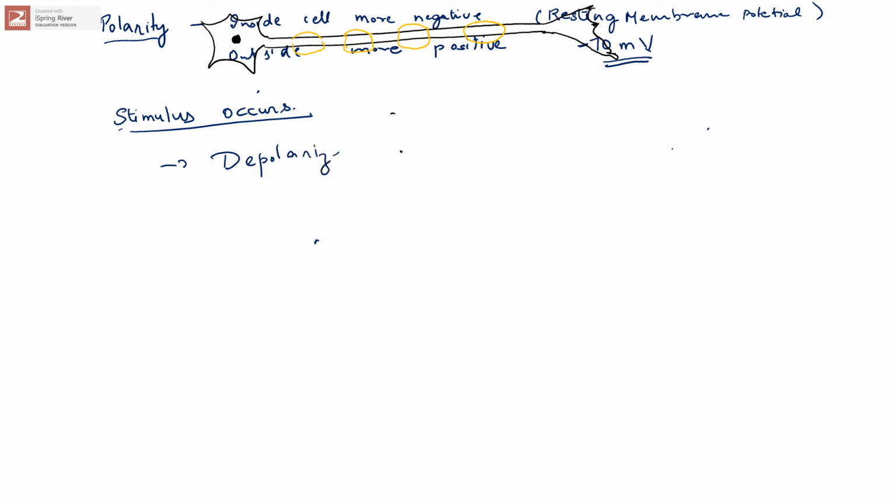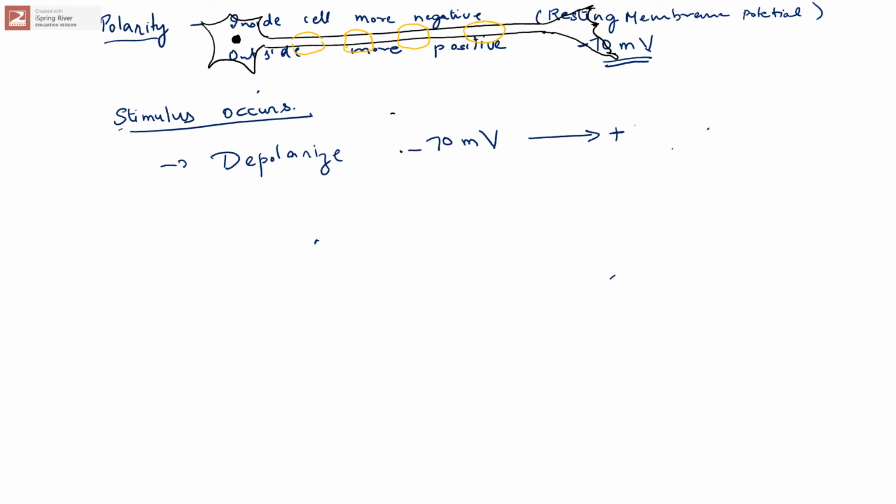depolarize. So if polarity or polarization means a cell being charged, depolarization occurs when the inside of the cell becomes more positive, meaning due to the diffusion of ions, the charge on the inside of the cell starts to move towards a more positive voltage, right?